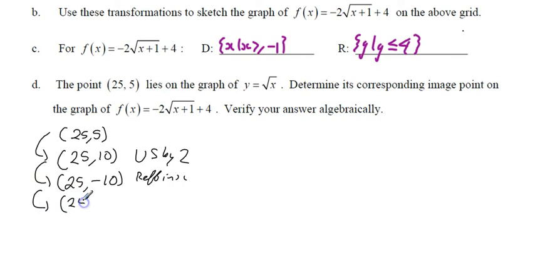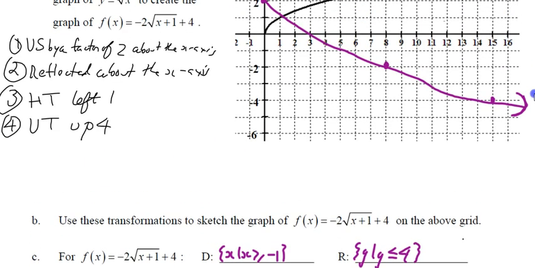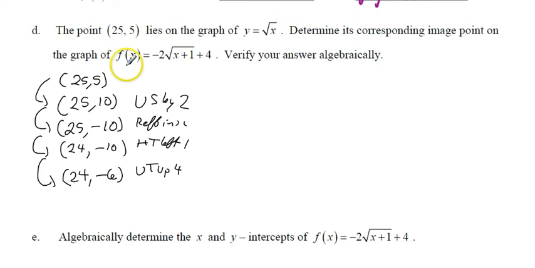We move left 1, HT left 1, and we move up 4, VT up 4. I believe that's it. So if we do f of 25 is negative 2 root 25 plus 1 plus 4.